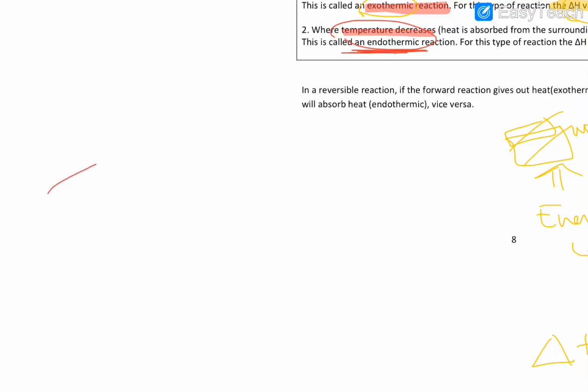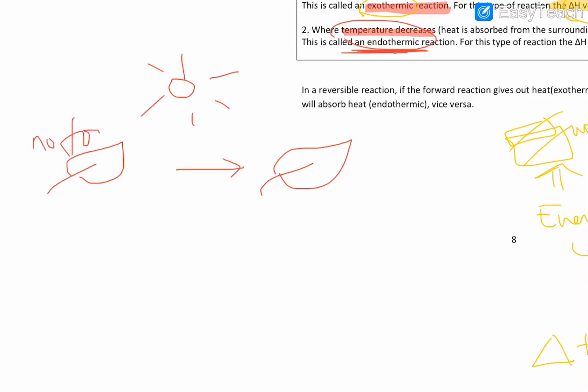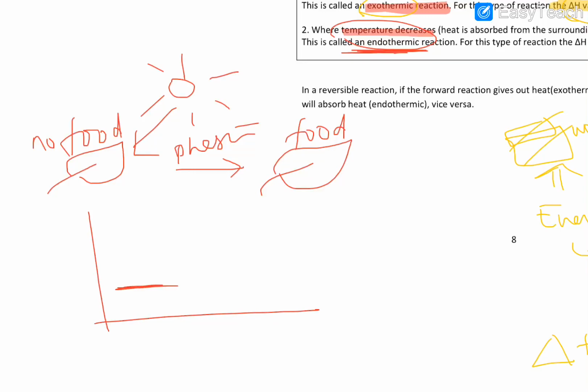Let's take an example of a leaf. There's the sun here. Initially there is no food in the leaf, and then there is food in the leaf after photosynthesis. Photosynthesis gets energy from the sun, so initially there is no energy, and the level of energy will be low at the beginning.